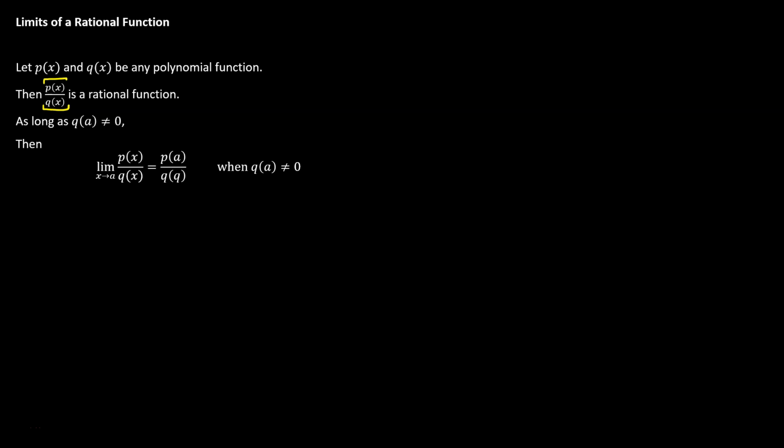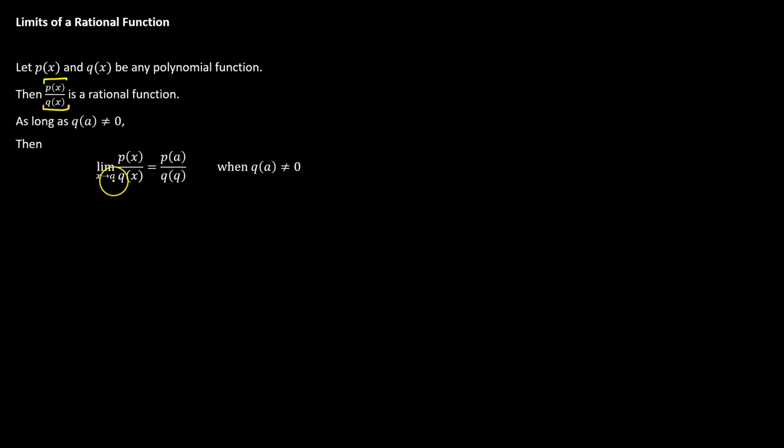We don't want to have our polynomial in the denominator equal to 0 at the value that we're trying to approach. So for our rational function, we have p on top, the polynomial p on top, q on bottom, that's another polynomial. Together they make up a rational function. We're allowing the limit of x to approach a.